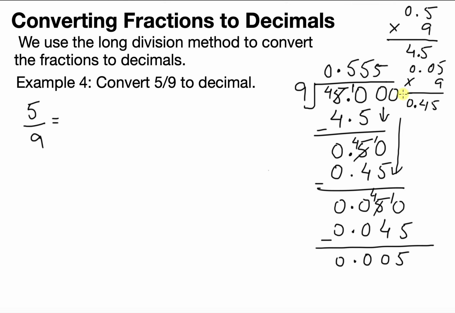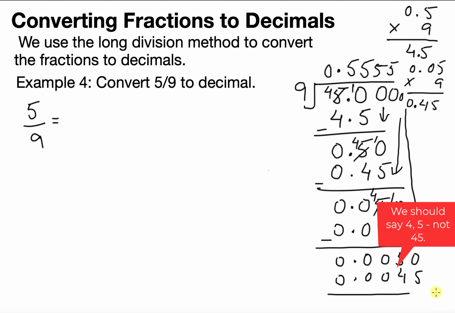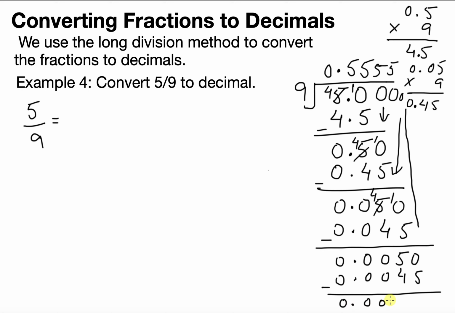Put another 0 there. Bringing down all the way. 5. 0.0045. Again. This continues, okay? This continues.